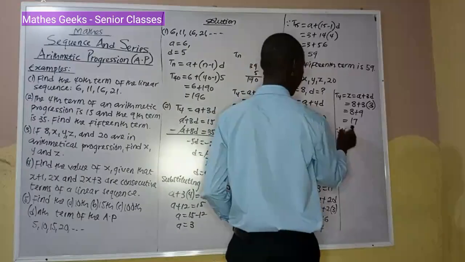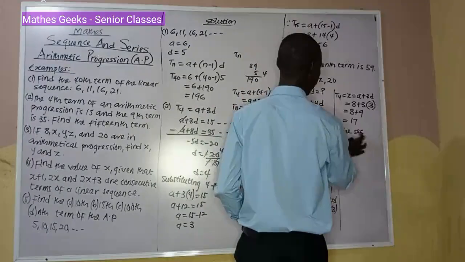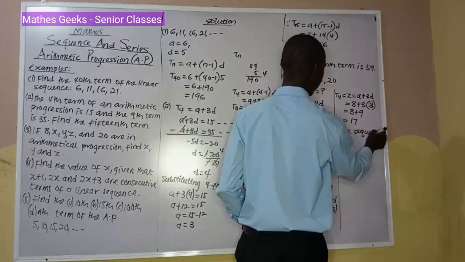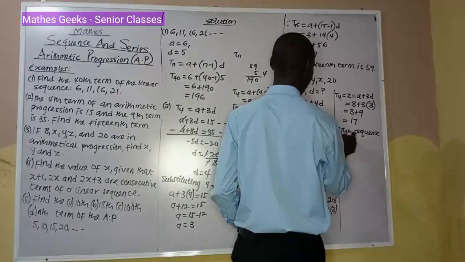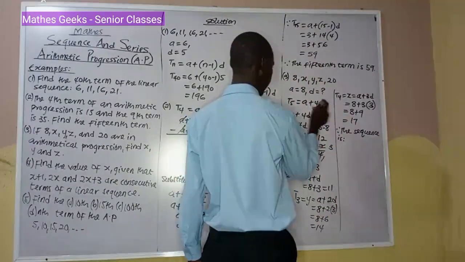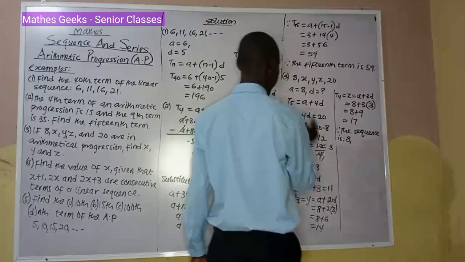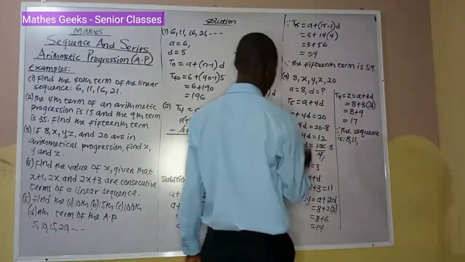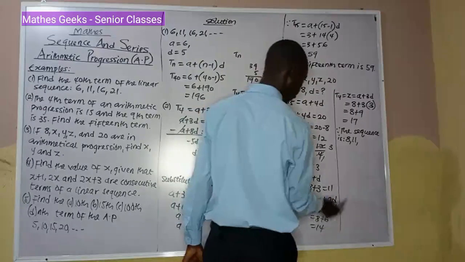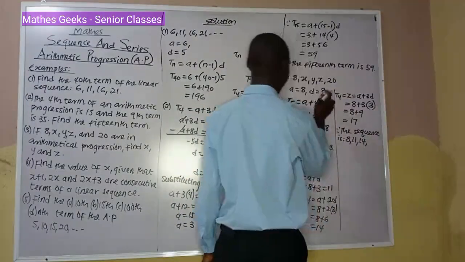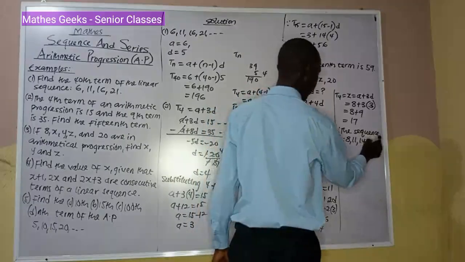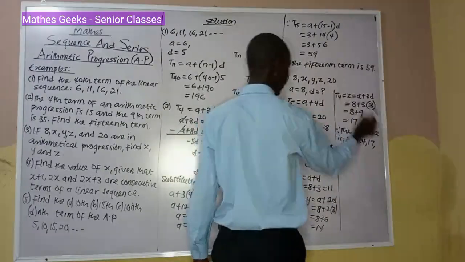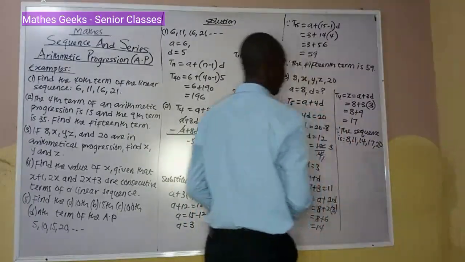So the sequence is: the first term is 8, and x, which is the second term, T2, is 11, and then y, which is the third term, is 14, z, which is the fourth term, is 17, and then 20. So this is the sequence.